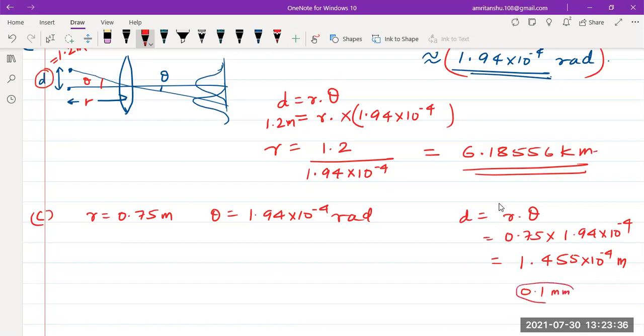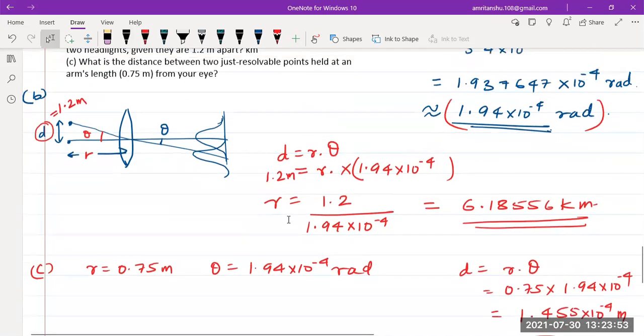That means at an arm's length distance, our eye will be able to distinguish 1/10 of a millimeter. So that's the resolving power of our eye. Okay, I hope this concept is clear to you.